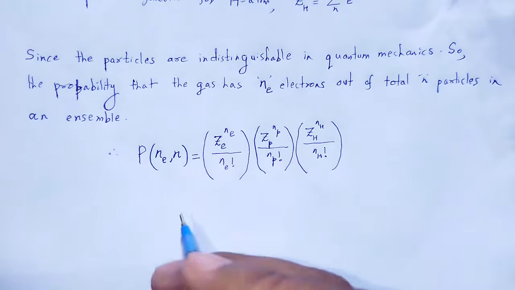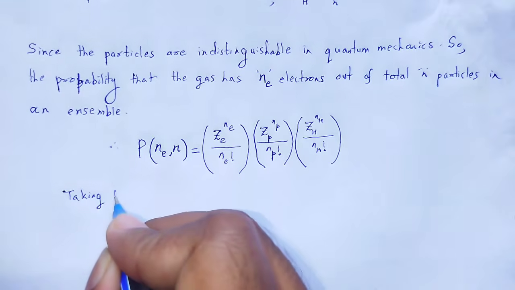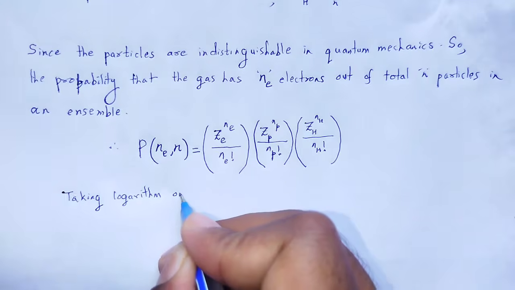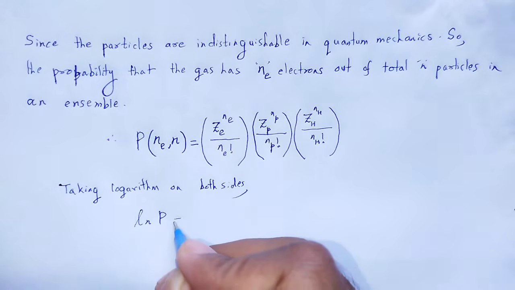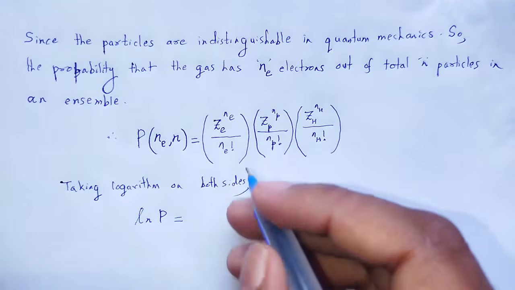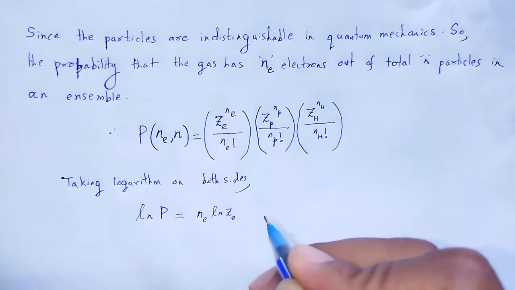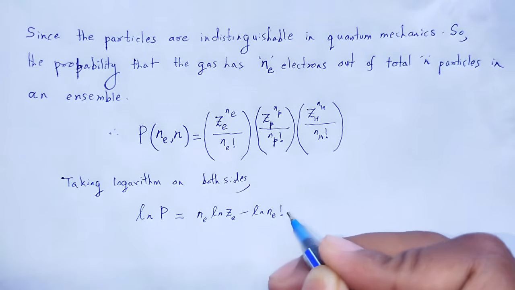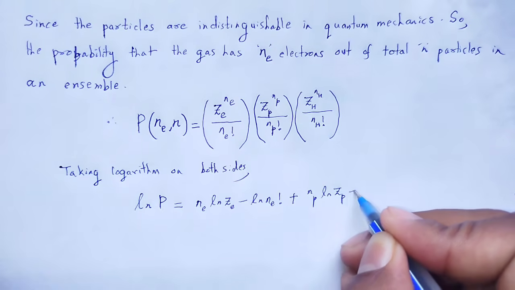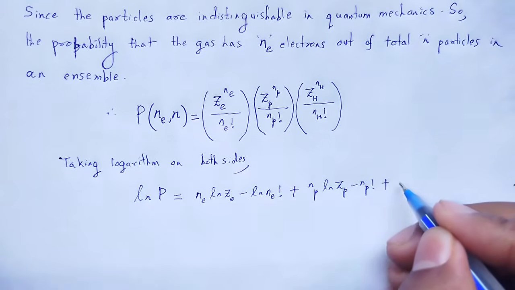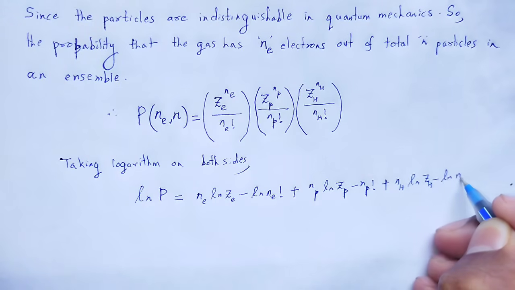Taking logarithm on both sides, that is ln P is equal to, logarithm formula first as N_e ln Z_e minus ln N_e factorial, plus N_p ln Z_p minus ln N_p factorial, plus N_h ln Z_h minus ln N_h factorial.